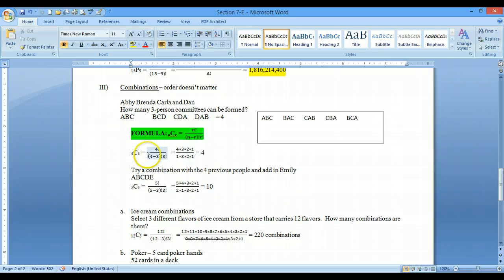So here I'm going to do my 4 persons, Abby, Brenda, Carla, and Dan, for my 3-person committee. So I have 4 people. Choosing 3 of them gives me 4 factorial over 4 minus 3 factorial times 3 factorial to get rid of all of these duplicates.